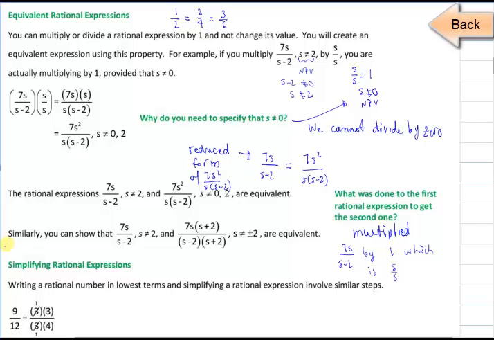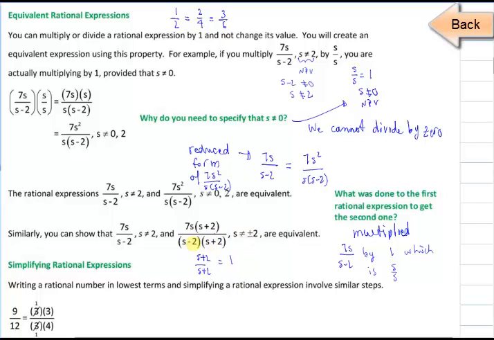Okay, so we can create another equivalent expression by multiplying by 1 again, but this time our 1 could be s plus 2 over s plus 2. Okay, so we can take 7s over s minus 2, where s can't be 2, multiply it by s plus 2 over s plus 2, and come up with a second equivalent expression, where this time our non-permissible values are that s cannot be plus or minus 2.